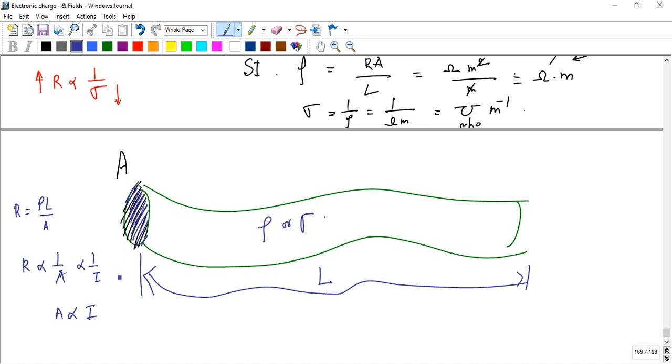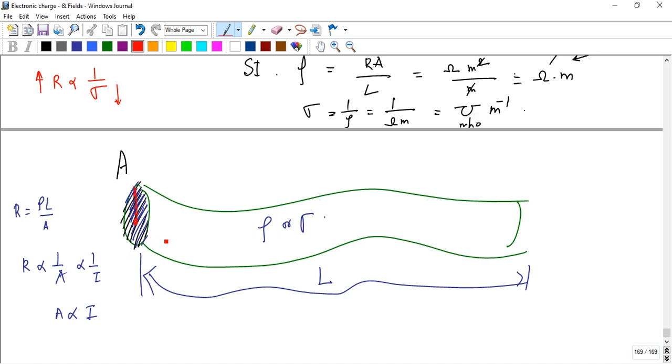If I choose a thicker wire, more current passes through it. That's why for a current or AC connection we choose a thicker wire, because a thicker wire carries more current than a normal wire.